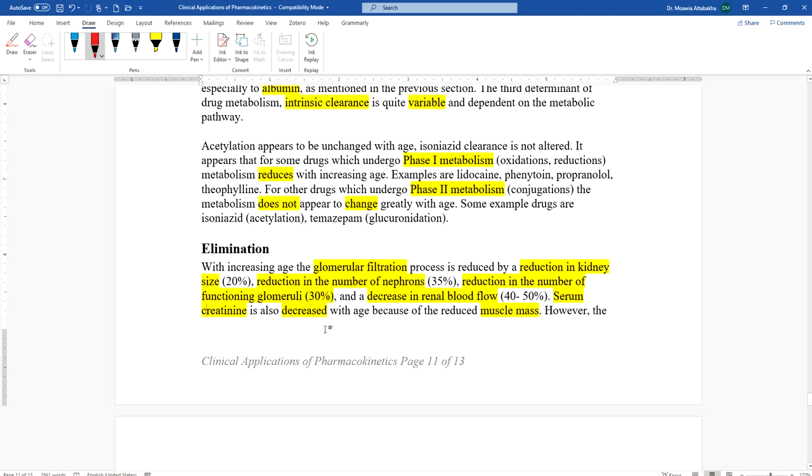Okay? When we see a low concentration of creatinine in the serum, that does not mean there is something strange with the elderly. We may expect that, and we may also expect high creatinine when the kidney is really functioning badly. Okay.